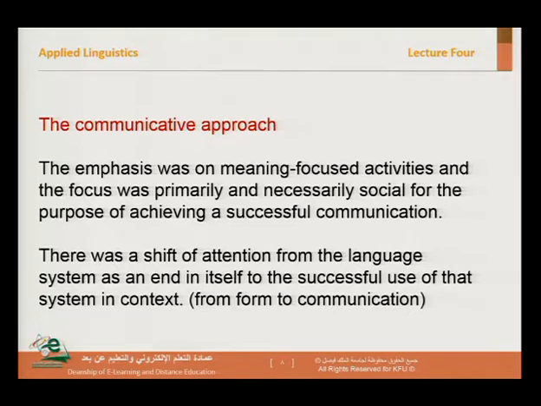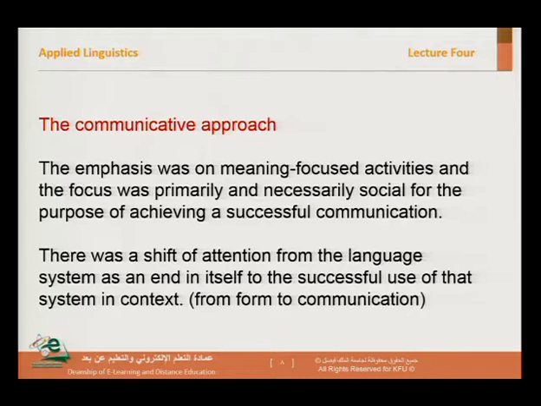My ultimate aim is that they should communicate with the native speakers of that country. So that's why, hence it was called the communicative approach. My focus is not on form, it was on communication.